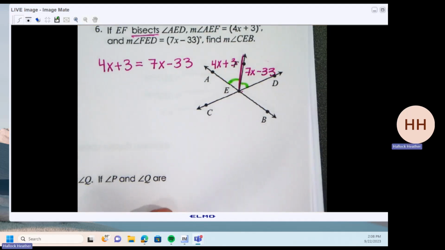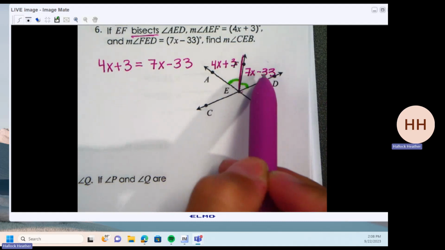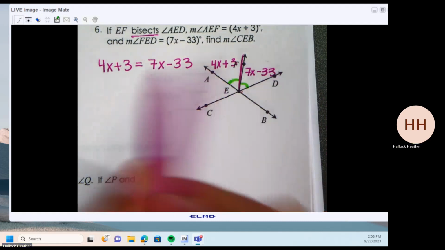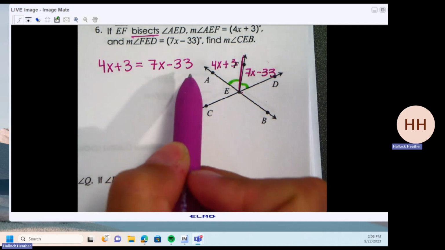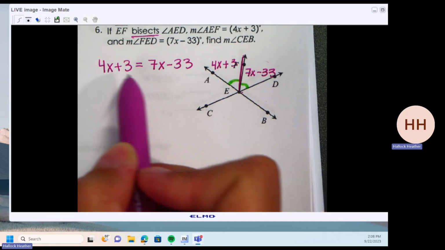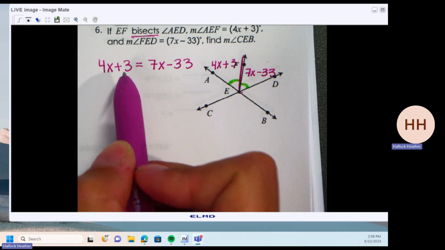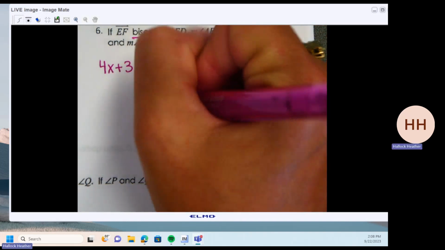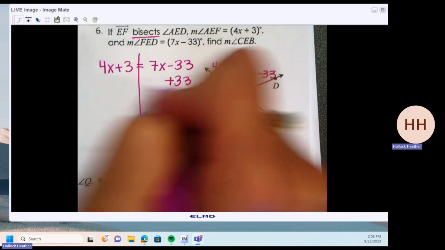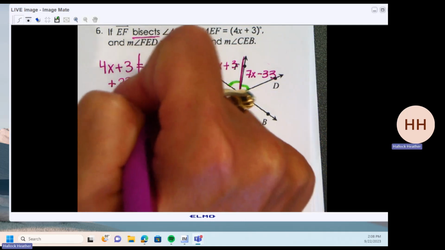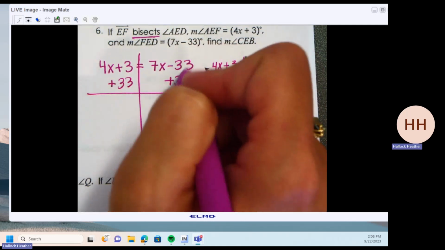Okay, bye. So I set them equal to each other. They're congruent. So now I get to choose what I want to move. You can either subtract 3 from both sides, or you can add 33 to both sides. It doesn't matter. I'm going to move the 33 because it says -33, so it'll be easier to add 33 to both sides. But you'll get the same answer if you subtract 3 instead.